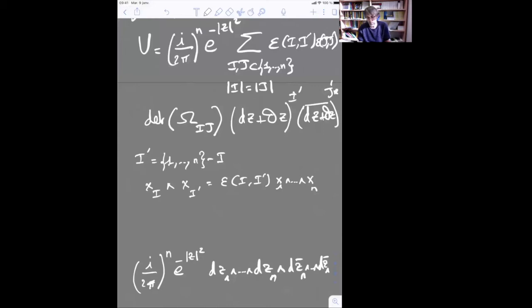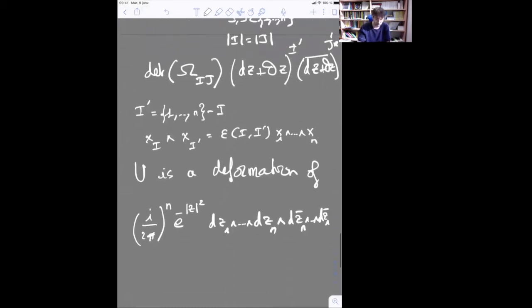And what you want to do is to have a deformation of this form in the fiber, so that it varies as a differential form on G, and the global family of forms is still a closed form. So U is a deformation of this on the fiber above the identity, such that it is closed.